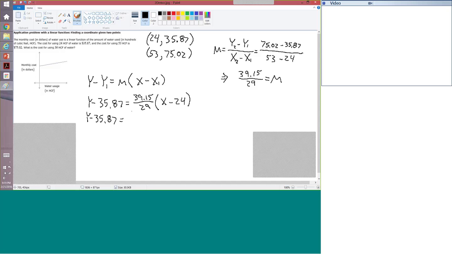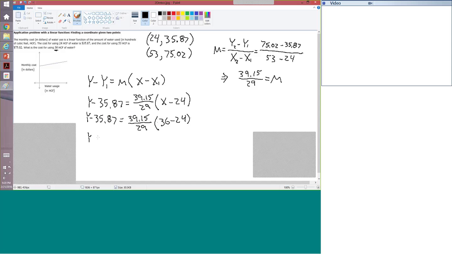We could go ahead and continue this out and get our generic line formula first. But since we know that we're going to be plugging in an x value, specifically this 36 up here, we can go ahead and plug that in now. And put that in for 39.15 over 29 times 36 minus 24, which is going to be 12.